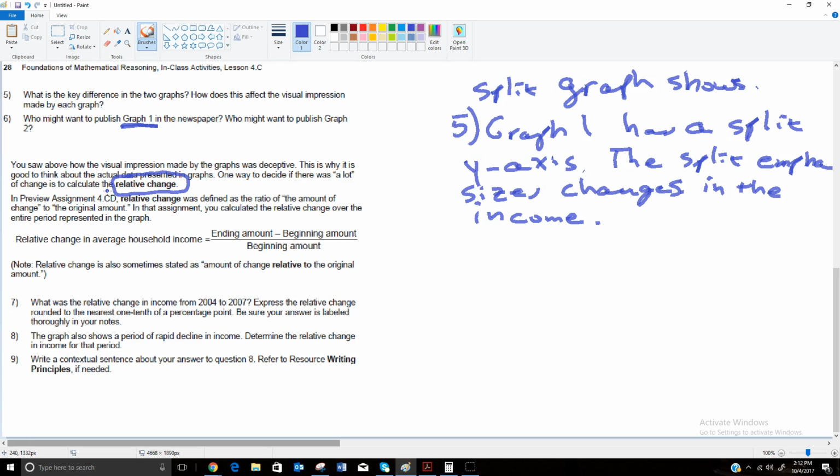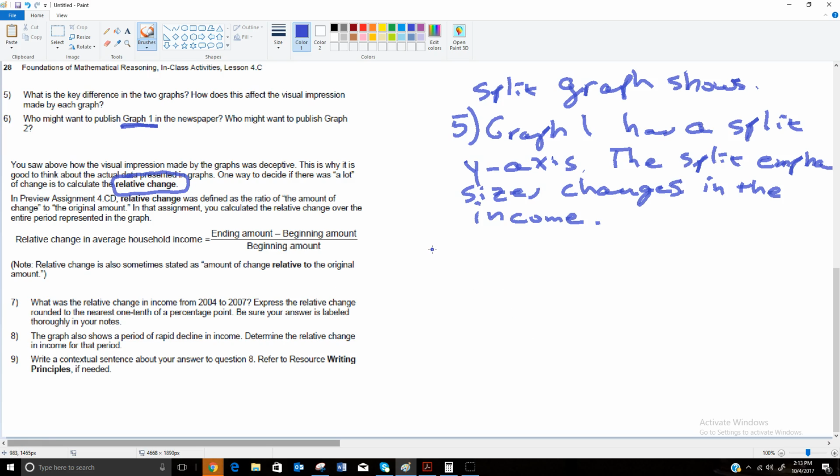So it's really important that you understand this. So relative change, in this case, is the ending amount of income, subtract the beginning amount of income, and divide by the beginning amount. So what you're doing is you're looking at the amount of change compared to where the amount started.